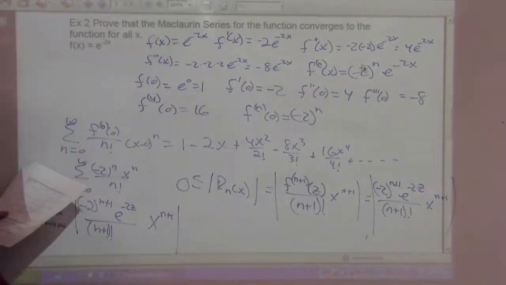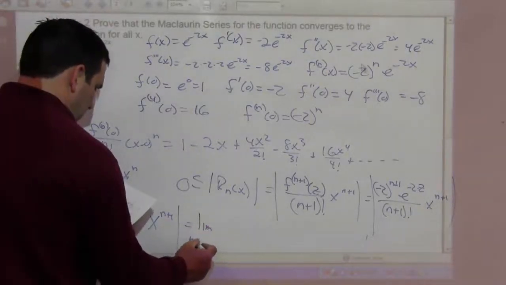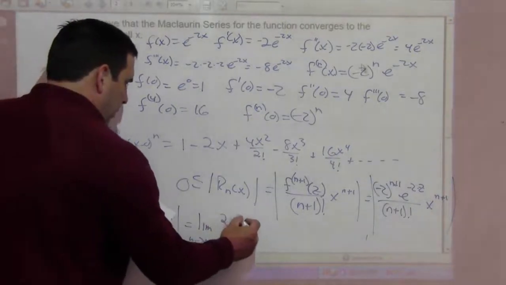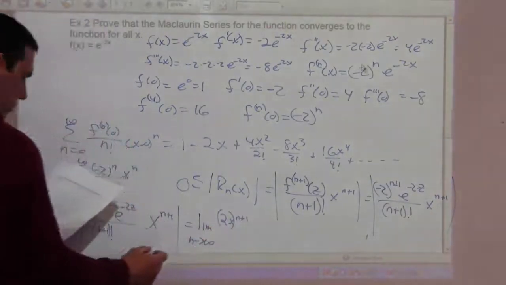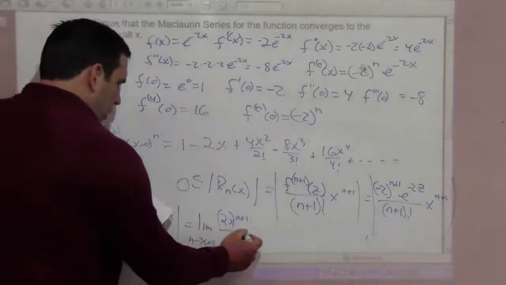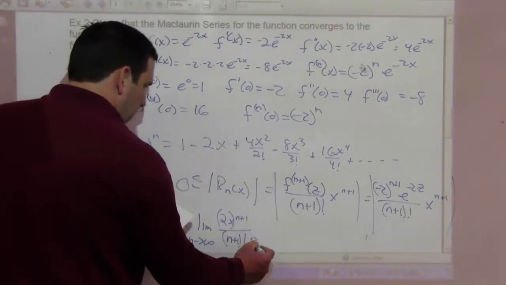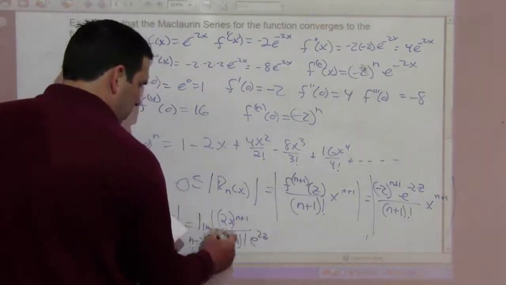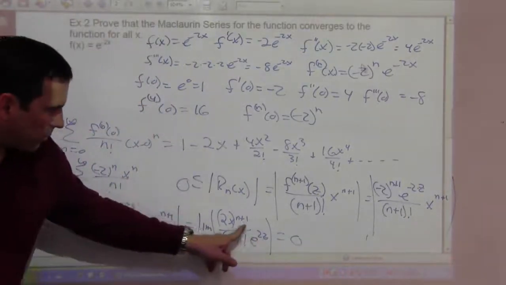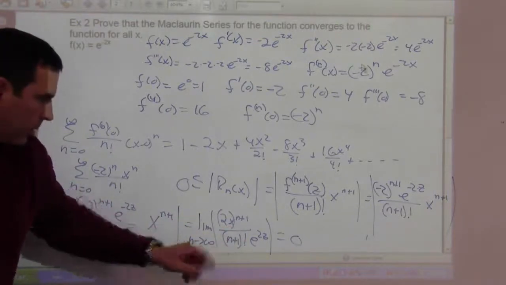That's going to be the limit as n goes to infinity of 2x to the n plus 1 quantity. You could drop the negative because of the absolute values. Over n plus 1 factorial e to the 2z. And that will go to 0 because e to the 2z is going to grow slower than x to the n plus 1, and the n plus 1 factorial dominates.